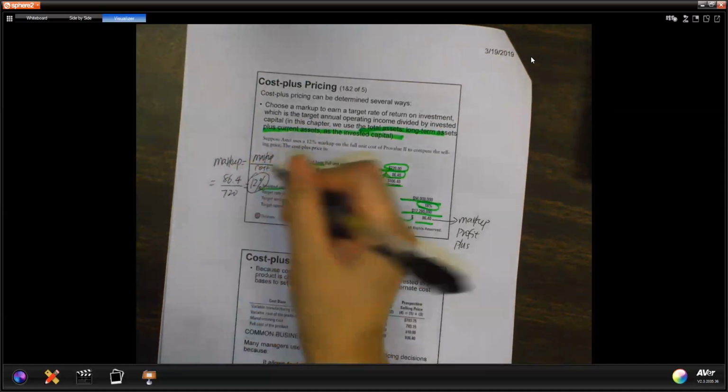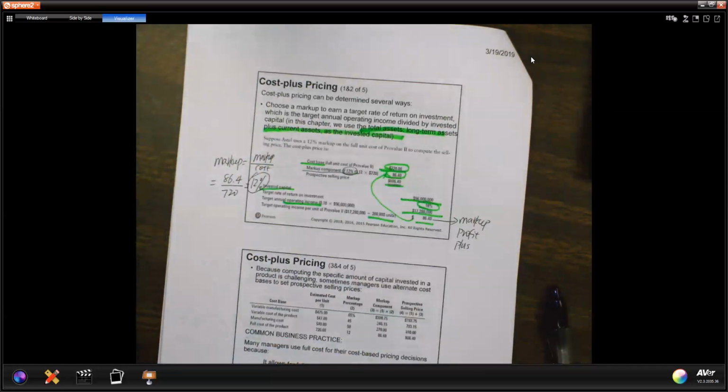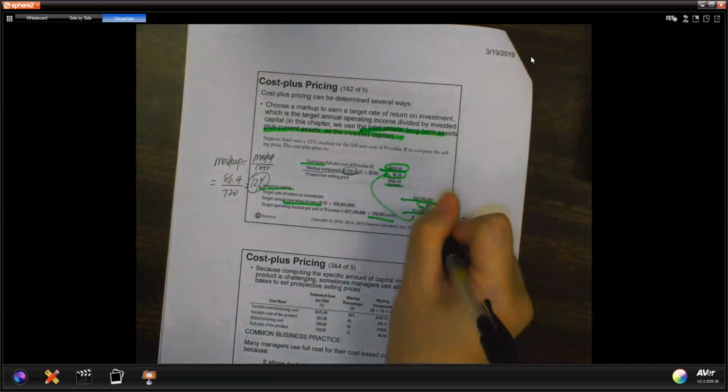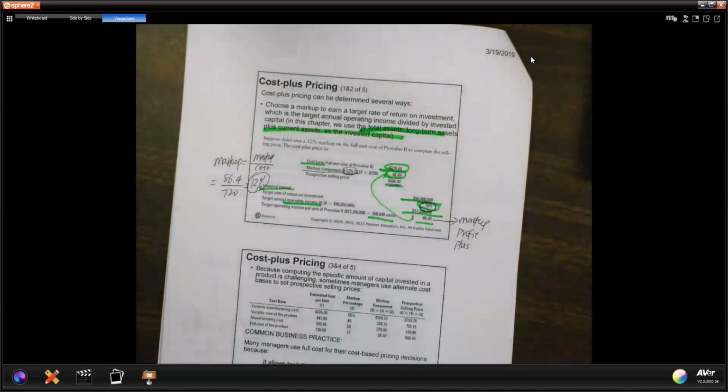This gives you 12%. So that 12% is your markup percentage. Your 18% is your investment return percentage. So make sure you don't mix these two percentages.